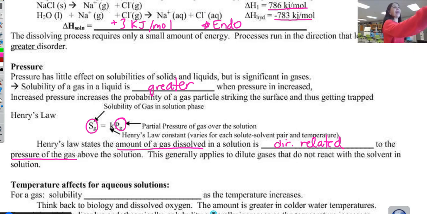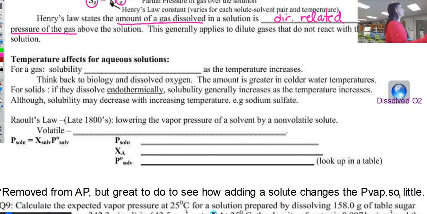Okay, and last thing is, what about temperature? Now this is weird too. We know that typically, if you want to make Jell-O, then you want the water to be hot. If you want your coffee creamer to dissolve, if you got the solid coffee creamer to dissolve inside of your coffee, you want your coffee to be hot. If it's cold, if you've ever tried it, it kind of gives you this film on top and it doesn't mix in well, okay?